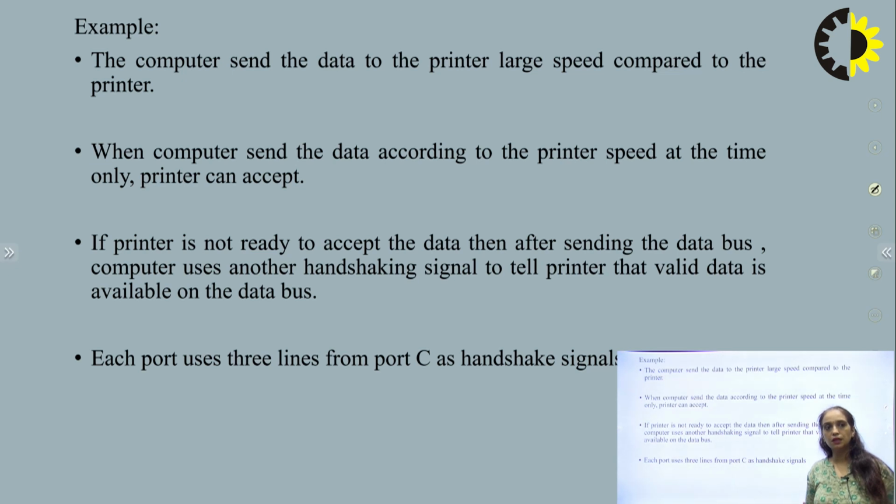The printer can accept the data only at its own speed. If the printer is not ready, then after sending the data, the computer will send another handshaking signal to tell the printer that valid data is available on the data bus. Each port uses three lines from port C, which work as handshake signals. These signals are used from port C, so that we can provide the handshaking signal.